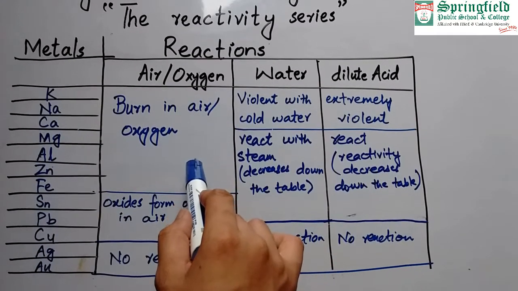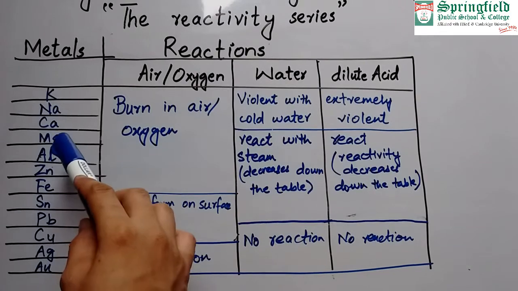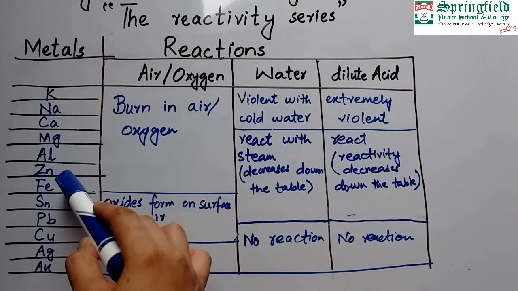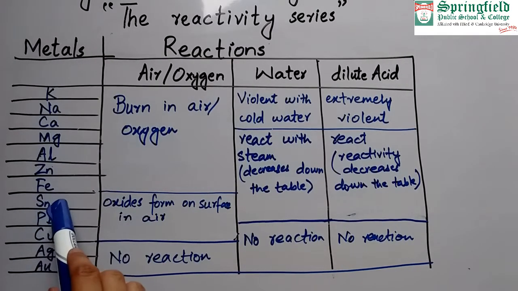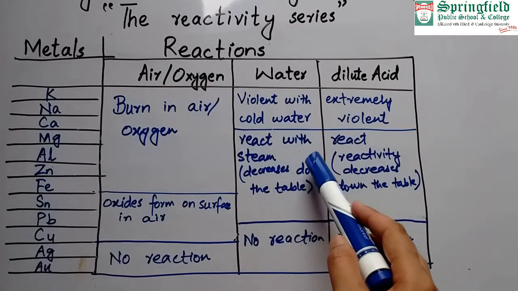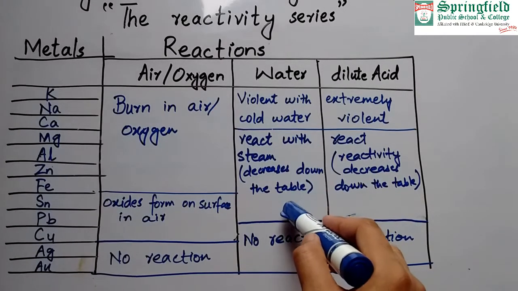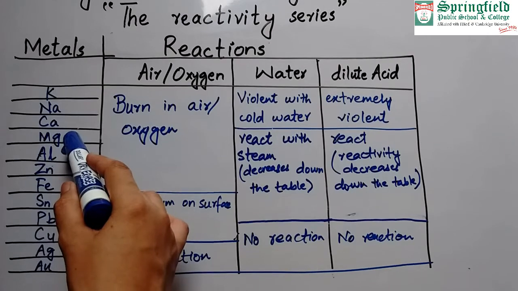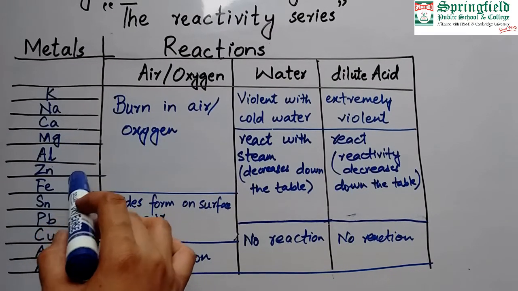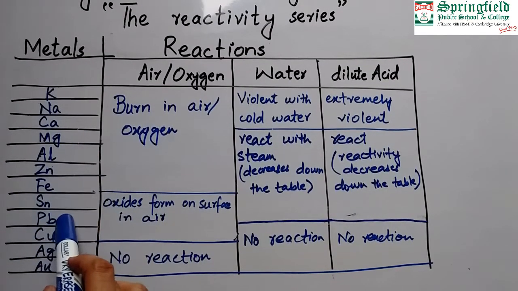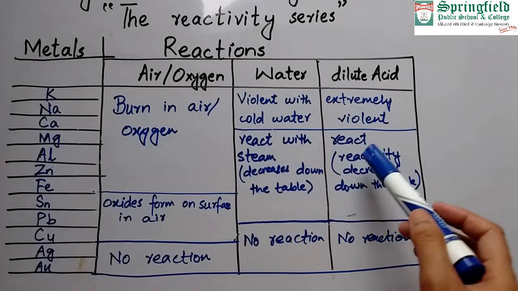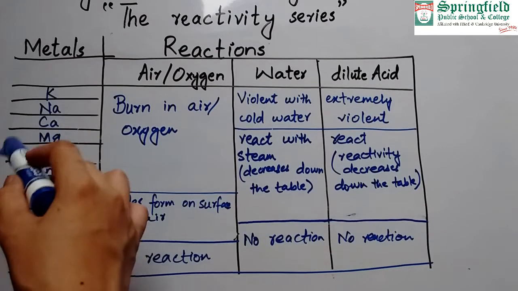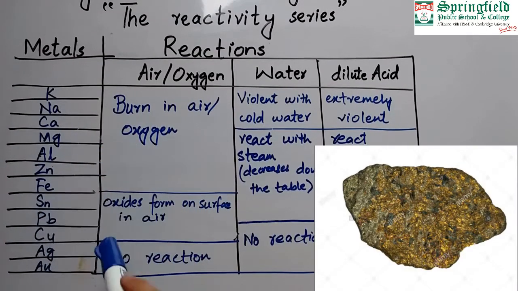They are all reactive with air, but the lower metals, magnesium, aluminium, zinc and iron, tin and lead, react with steam and their reactivity decreases down the group. It means that magnesium's reactivity is highest among these and tin's or lead's reactivity is the lowest. Same is the case with acid for these six elements.